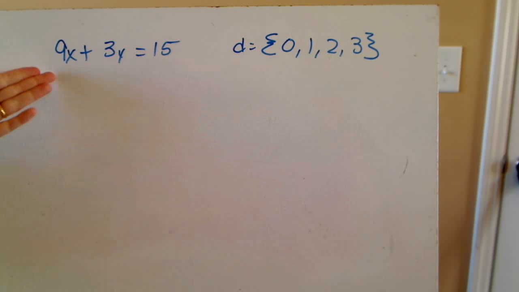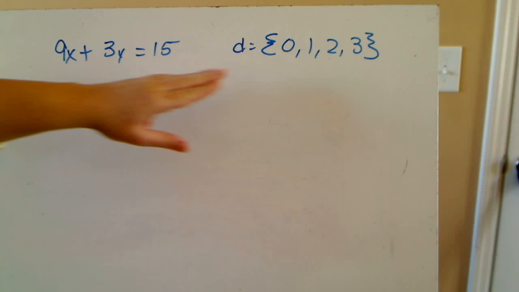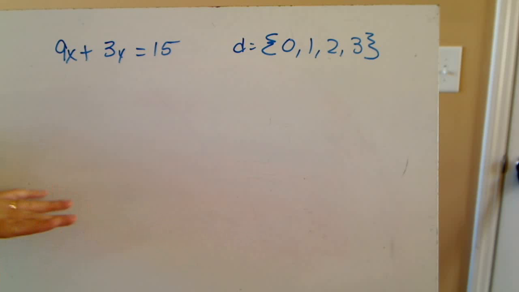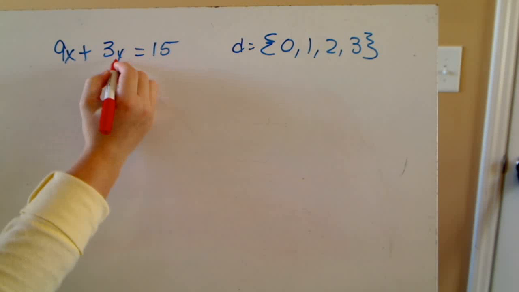You can go ahead and plug in your x values like this, but it'll take a little bit more time. I think solving for a variable first, getting it done and over with, means you don't have to do it 4 times. Because if you leave it like this, you're going to plug in your zeros for your x, and you're going to be solving for y 4 different times. Whereas if I do it the way I'm about to show you, you only have to solve it once. So I'm just going to go ahead and solve for y.